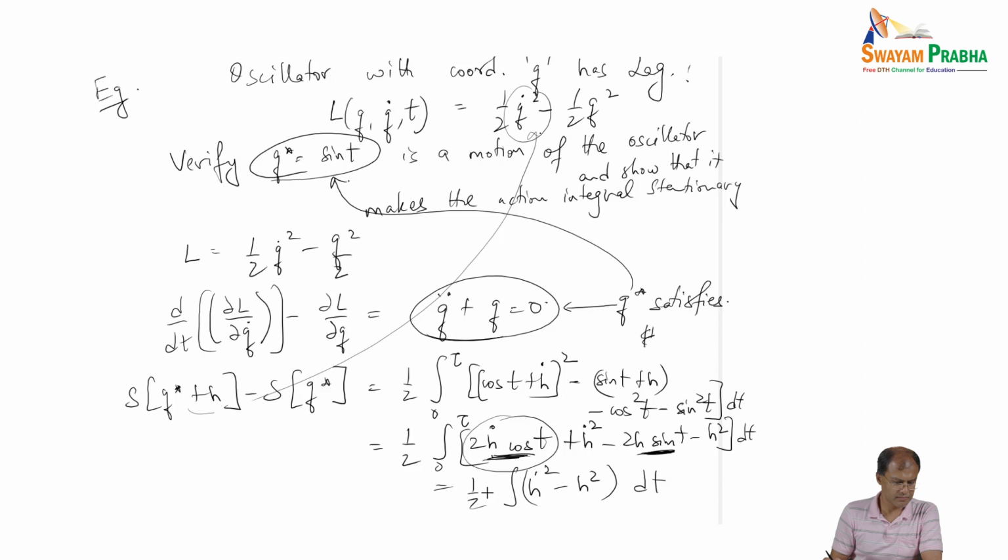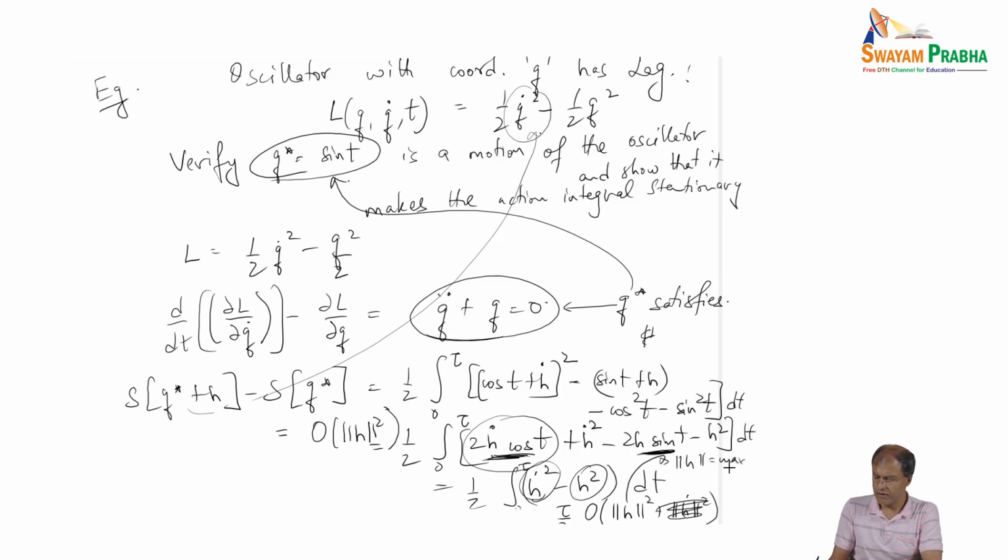Now if we find an upper bound of this integral from 0 to tau, taking the maximum of h dot and the maximum of h, this is going to be tau by 2 times the order of h squared and h dot squared. So this functional is of order norm of h squared. The norm of h is the max of both the max of h dot and the max of h.